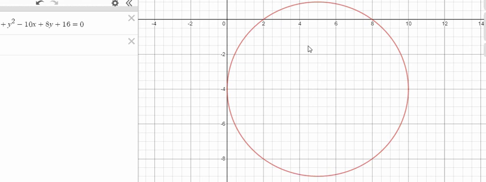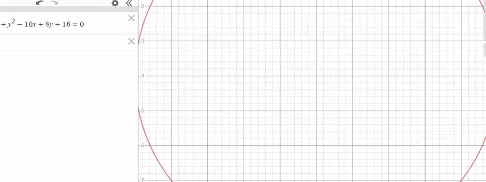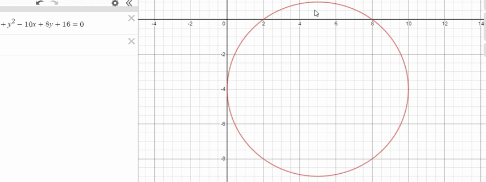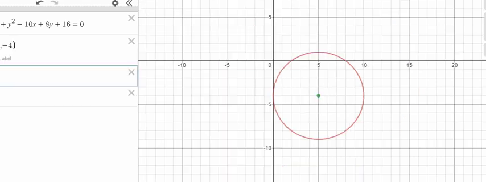And hopefully we can eyeball where the center is. I'm going to zoom in, oh gosh, maybe not that much. This would be 5. So the center of my circle, I think... I know this looks different than my previous screen.